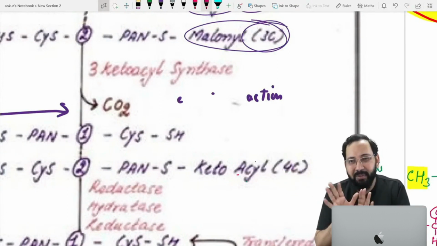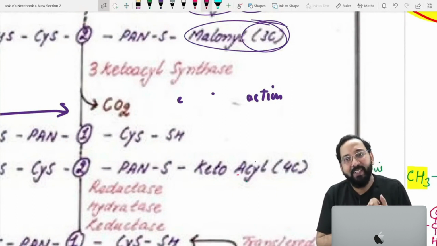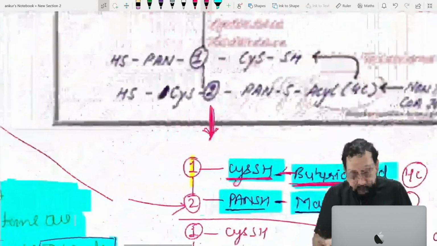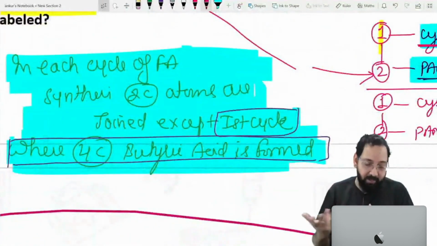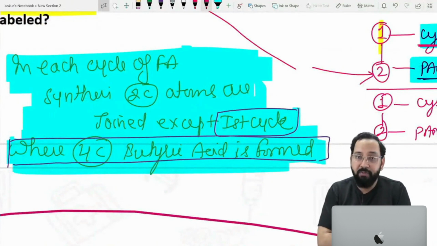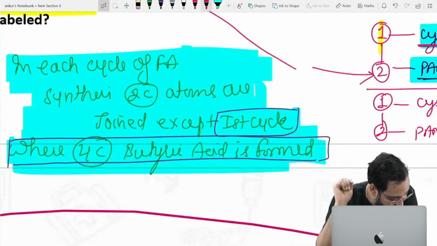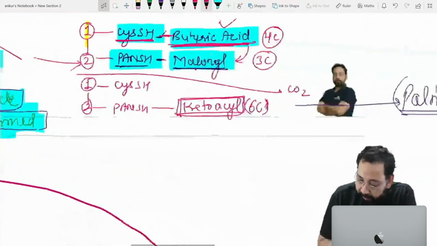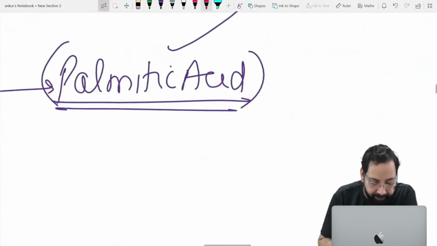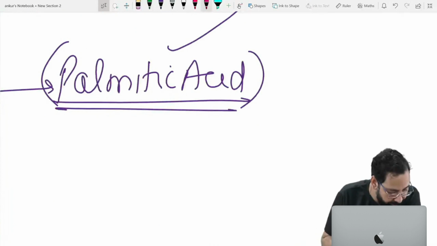It was not a good explanation, but a few standard textbooks have written it this way: in the first cycle 4 carbon butyric acid is formed, and in each other cycle 2 carbon atoms are joined. So in the first cycle how many atoms are joined? Total 4, because a 4 carbon fatty acid is formed. The most common fatty acid synthesized in our body is palmitic acid. How many carbon atoms are there? 16. Clear?